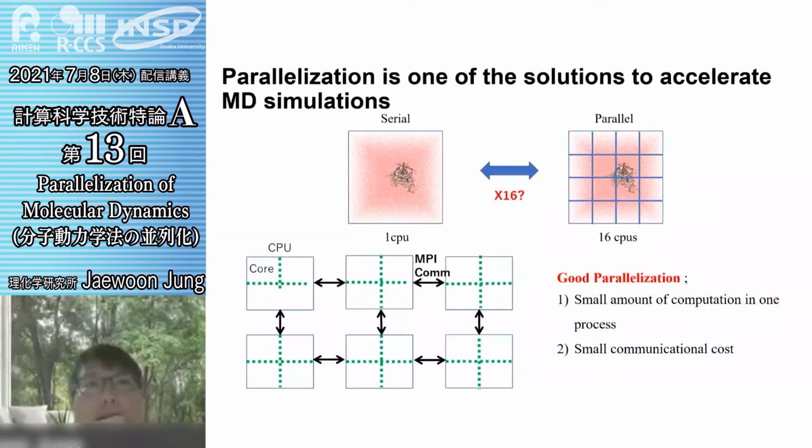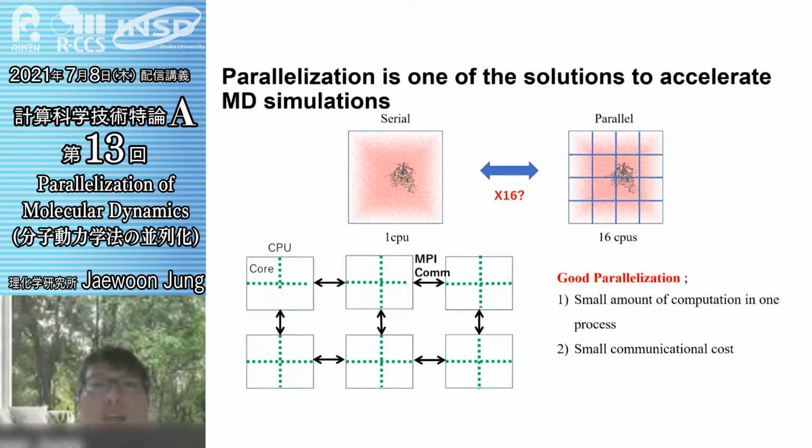And until now, I briefly explained the energy evaluation in MD. In MD, the key concept of parallelization is just acceleration. So by using 16 CPUs, for example, if we can increase the speed about 16 times, then we can perform very long time simulations.